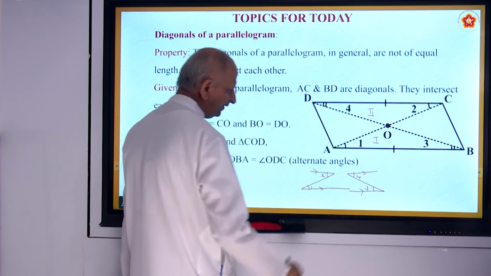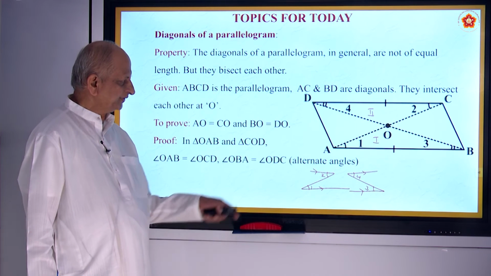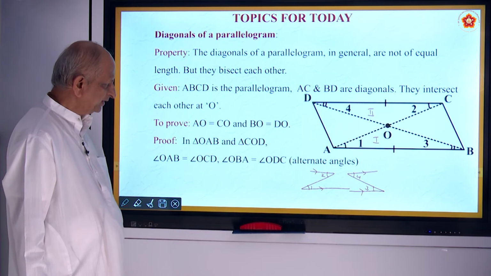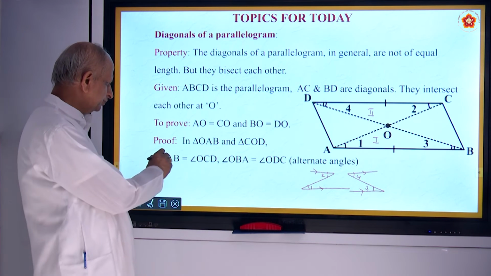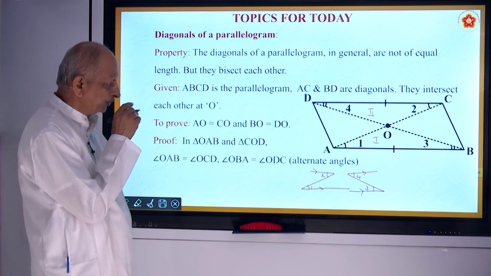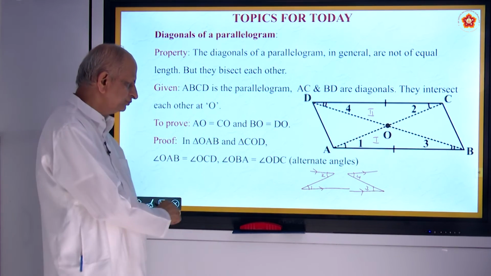So these are the parallel lines, and in this case AC is the transversal, in the other case BD is the transversal. So angle OAB is equal to angle OCD, angle 1 is equal to angle 2.